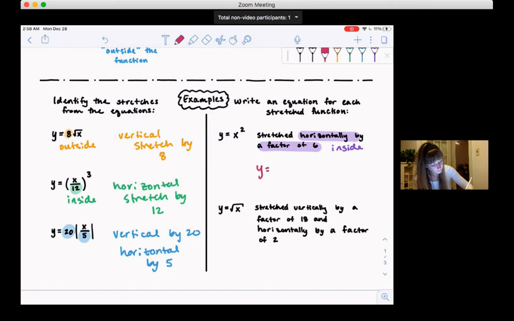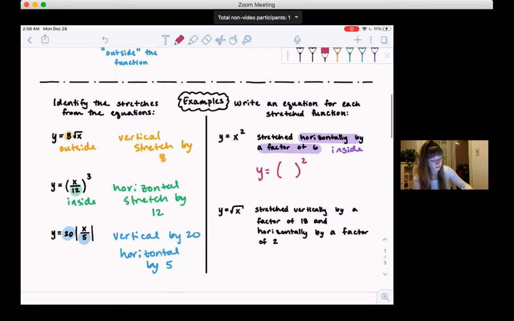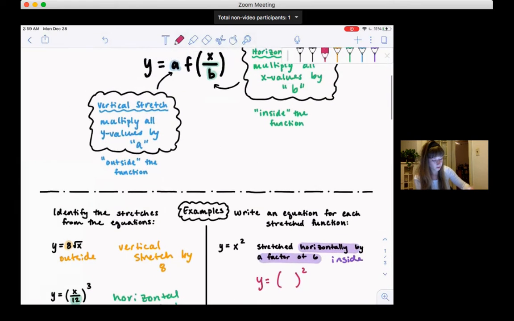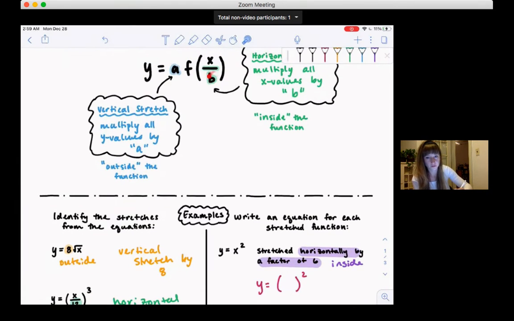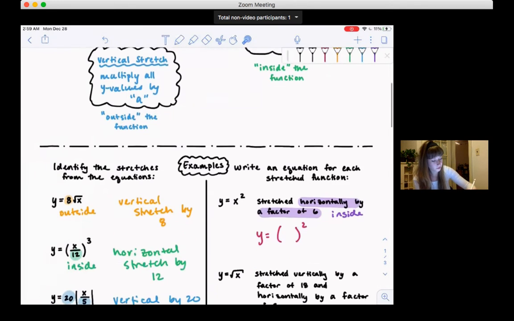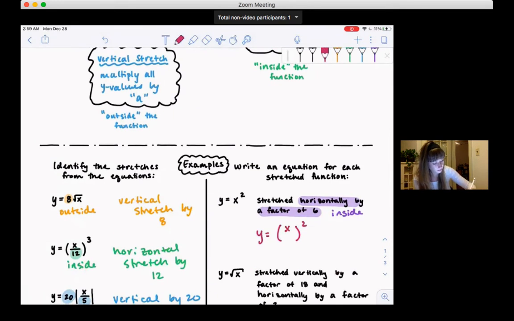So y equals, we want to be inside our squaring function, and to do a horizontal stretch, we divide by the scale factor inside. Our scale factor is 6, so we're going to do x divided by 6 on the inside of our function, and that gives us the horizontal stretch. I know that seems weird to divide by the scale factor, but that's just the way that it works.